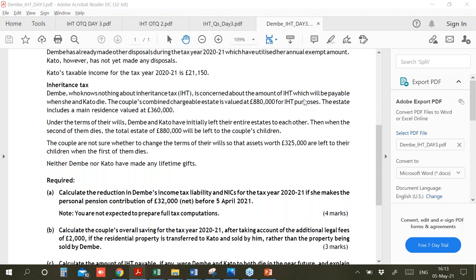Sometimes students get confused and think there might be a tax saving at 40%. No, that is not the case. By increasing the band, much of the income that was previously taxed at the higher rate will now be taxed at the basic rate band. So the resultant savings are 40% minus 20%, that is 20% of 40,000.